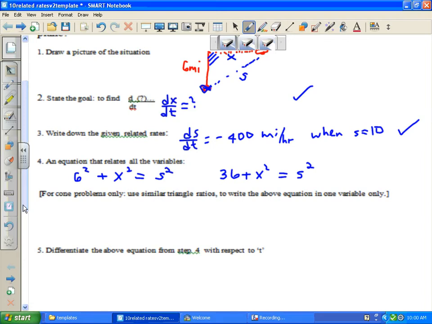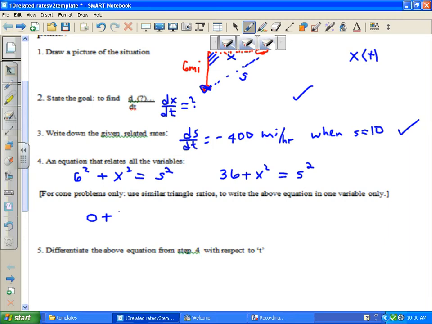So let's do that. Derivative of 36 with respect to t would be what? 0. Derivative of x squared with respect to t would be. Now let's think about it. We're not differentiating with respect to x, but with respect to time. So x is like a function of time. It's changing as time goes by, right?